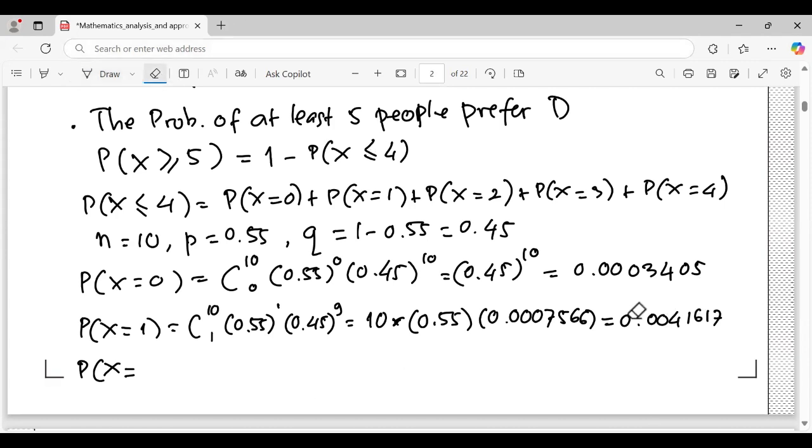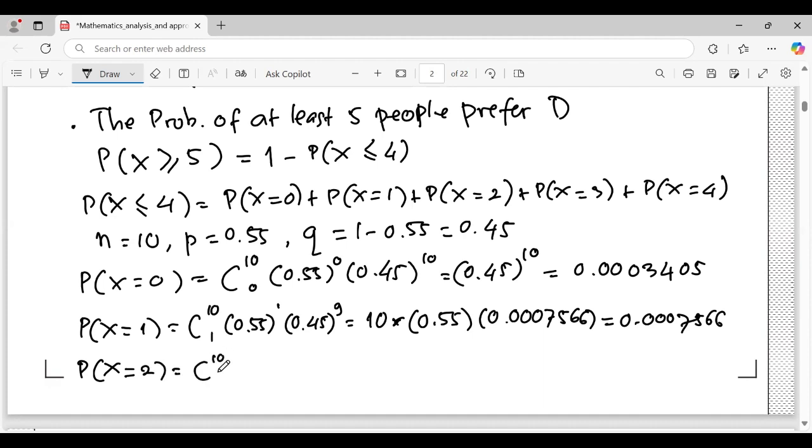The calculation is one, this one actually 0.0007566. I have calculated this recently, that's why I have to change it.